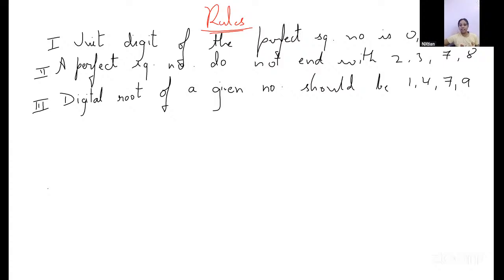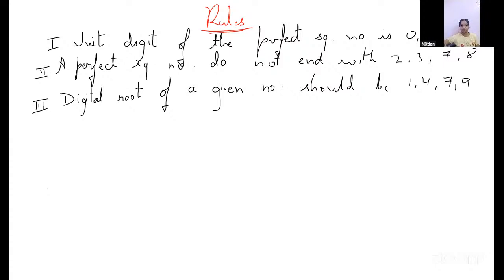So when we are finding the root of a number, the first and the third rule should be satisfied. Then we are able to use the sutra. The first rule is the unit digit of the perfect square number should be 0, 1, 4, 5, 6, and 9.